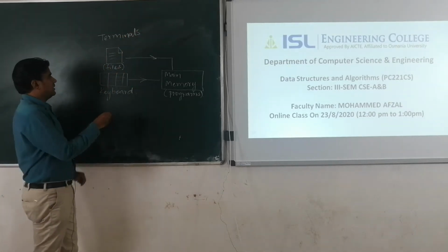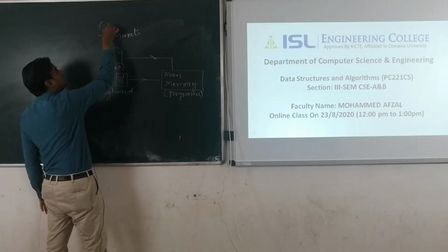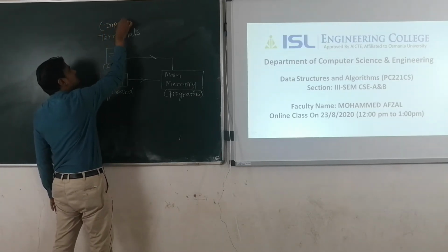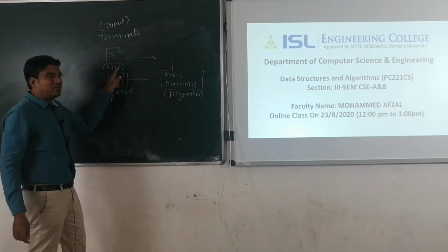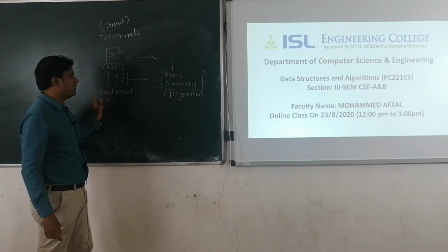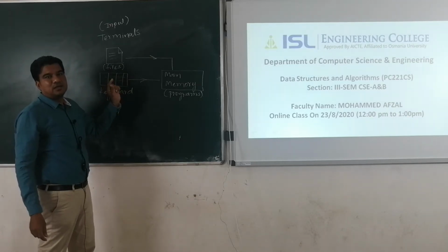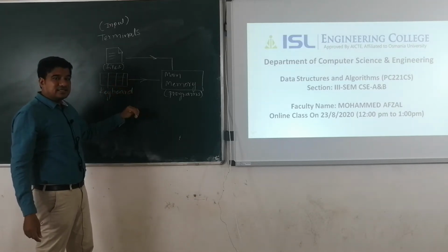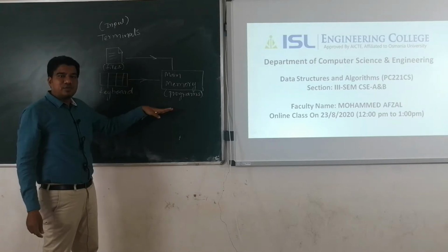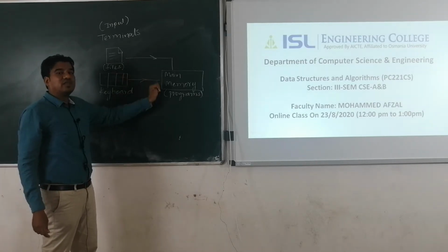So this is input. Whatever we discussed over here, everything is input. We can either read from a file into your program or we can read the data from the keyboard into your program. Got it?